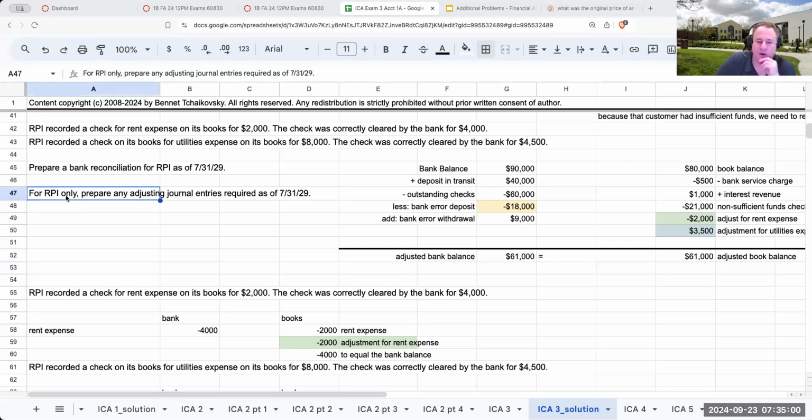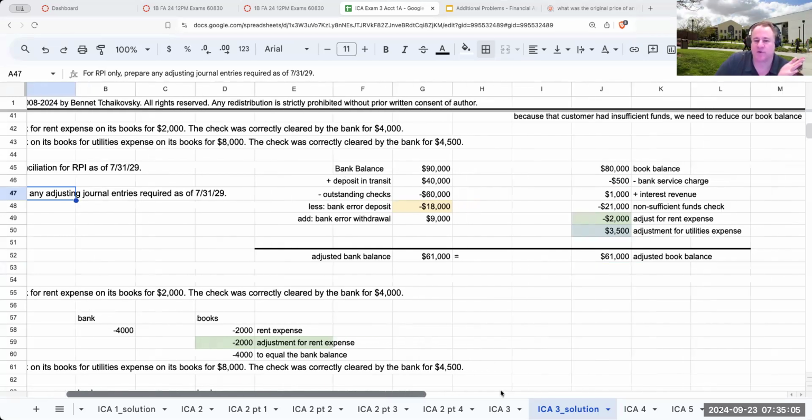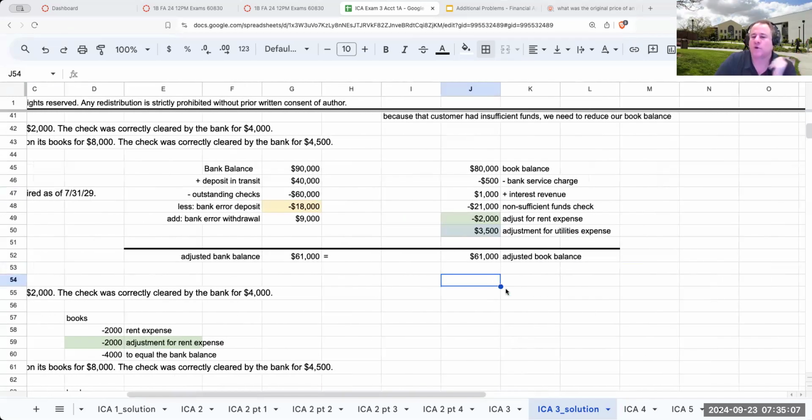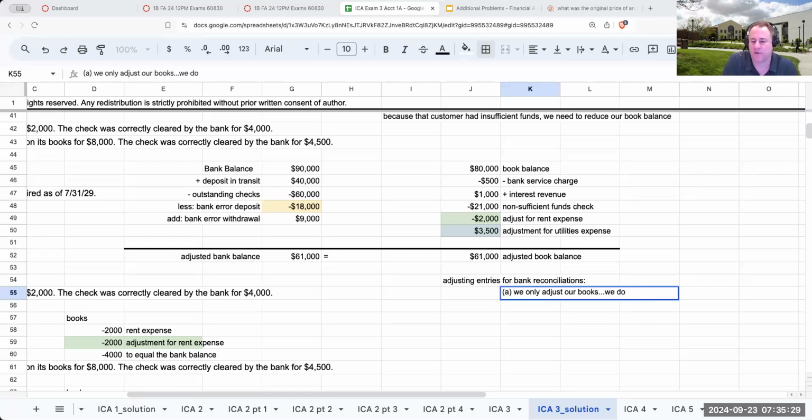Now it says over here, prepare any adjusting journal entries required as of 7/31/29. When it comes to adjusting entries, a couple of rules when we're doing adjusting entries for bank reconciliations. A, we only adjust our books. We do not care about the bank.